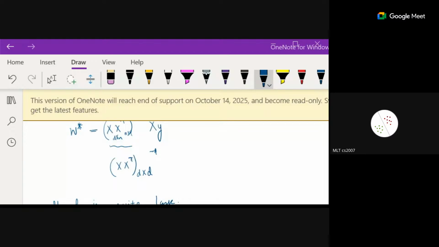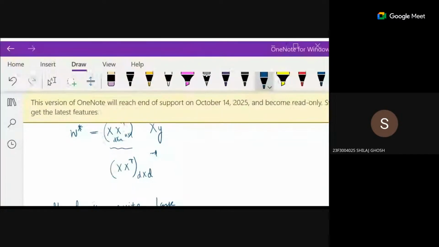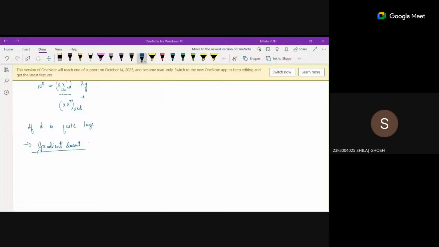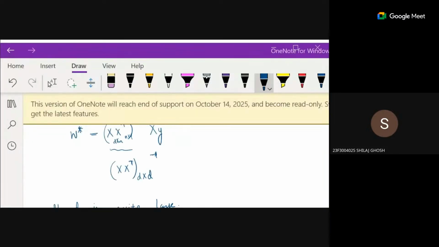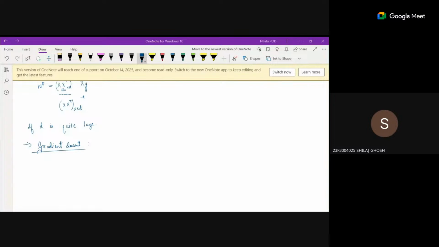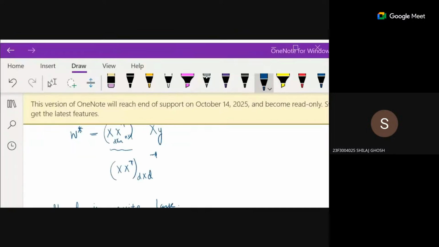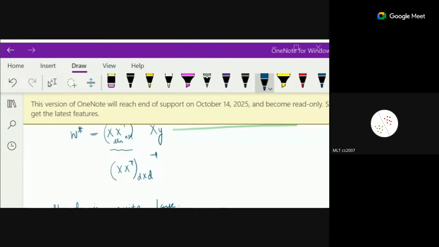Are you able to see my screen? Yes, ma'am. If I'm annotating on the screen, can you see the green one? Yes, ma'am. Okay. The screen caption is not correct.